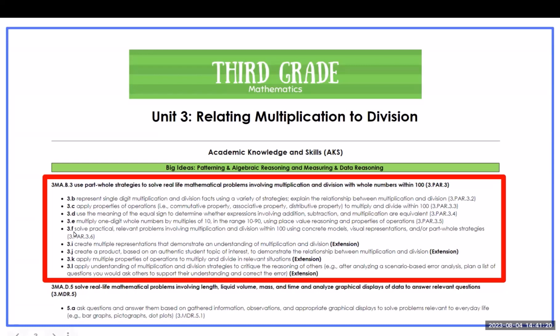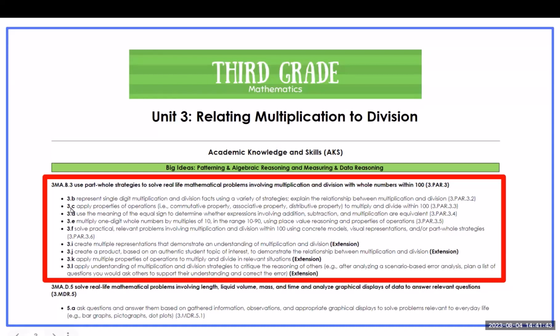As with multiplication, IOA 3F is embedded within IOA 3B, where the focus will be on solving practical and relevant problems involving division. IOA 3C requires students to apply the properties of operations to multiplication and division.